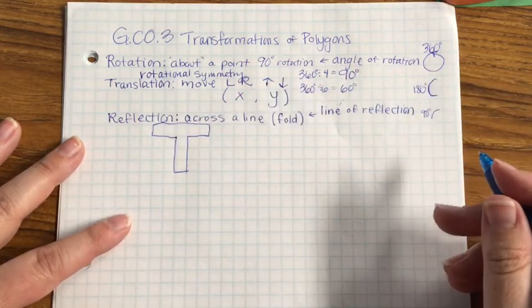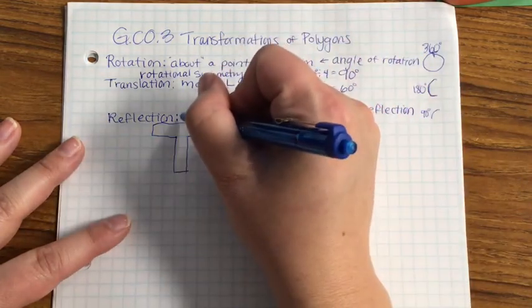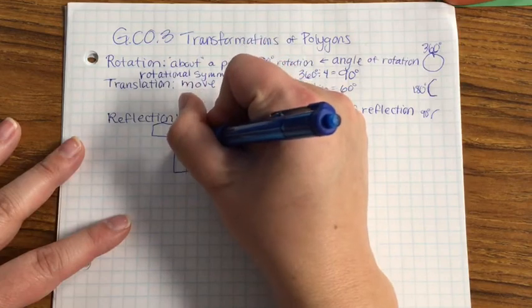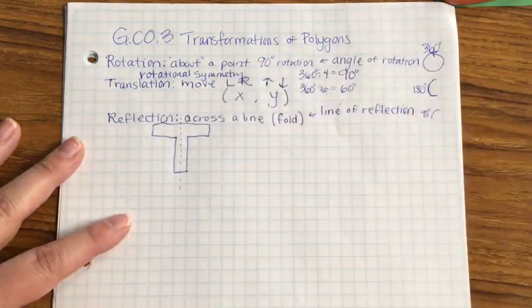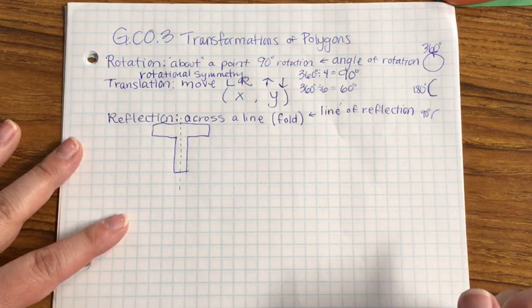Can I reflect it and be the same thing? Where would the line be to reflect it across? Right smack dab in the middle, right? Because if I folded that in half, it should be about the same thing.